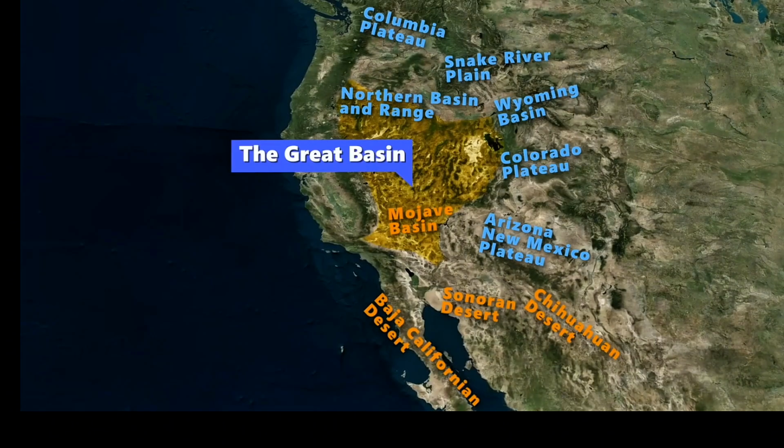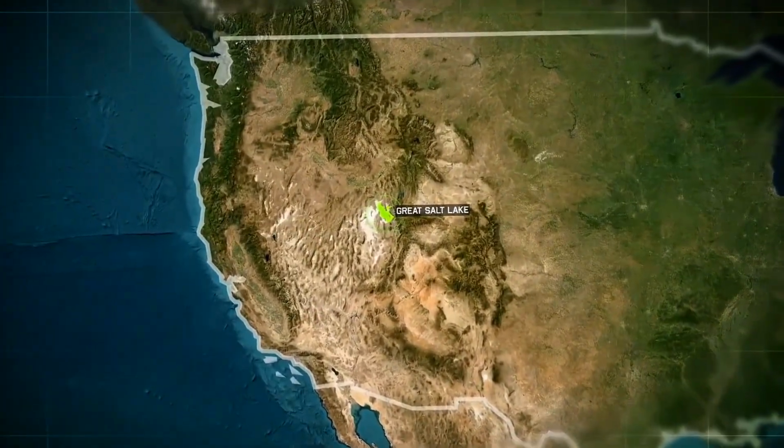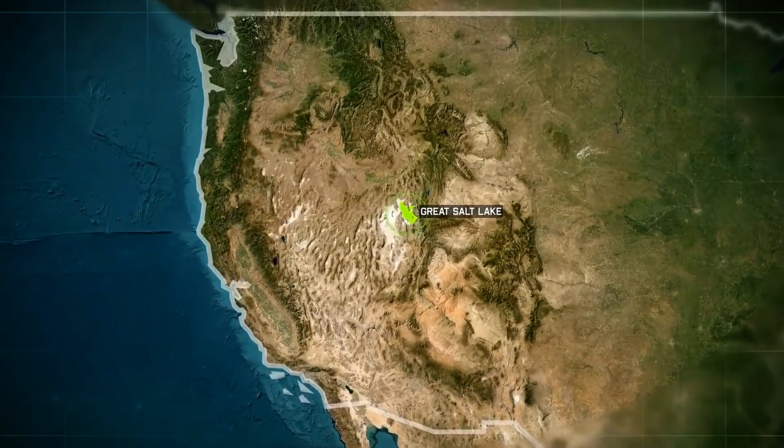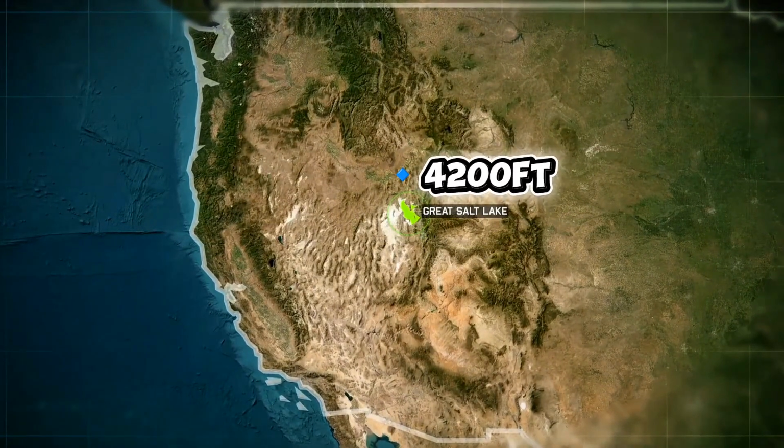The Mojave, Sonoran, Great Salt Lake, and Black Rock Desert, among others, are all components of the basin. Great Salt Lake sits at the bottom of a closed basin located at an elevation of roughly 4,200 feet. It is a terminal lake with no outlet, so the only way water can leave is by evaporation.